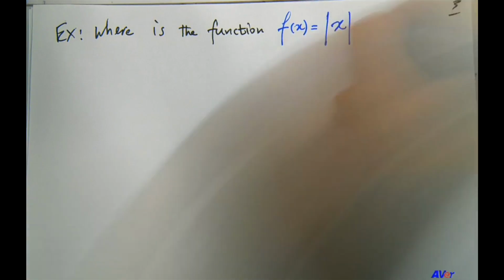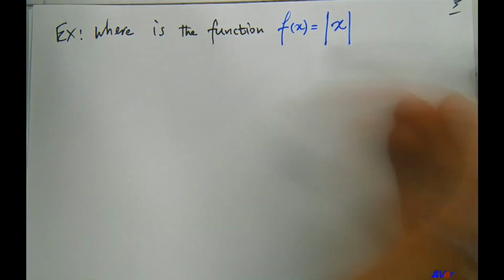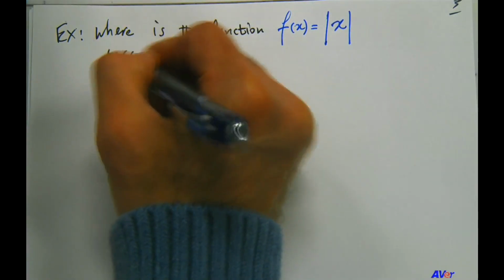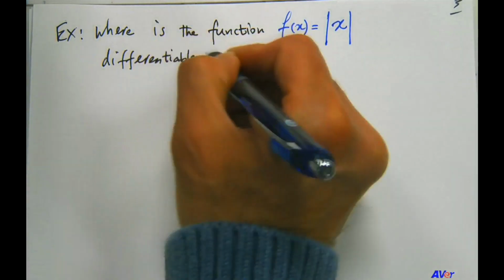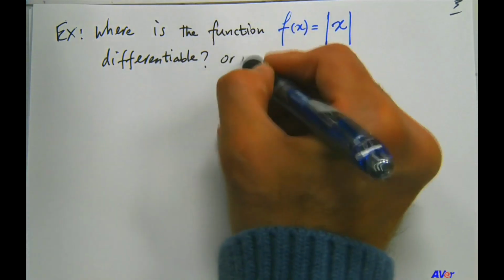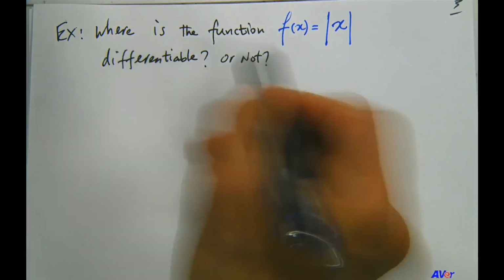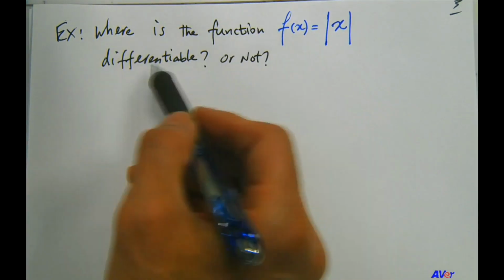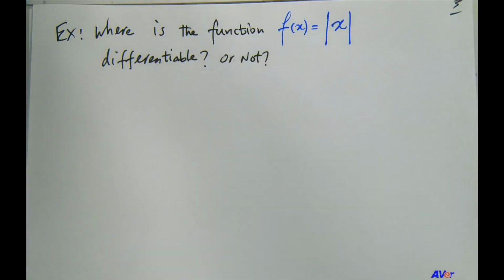So f of x equals absolute value of x. Where is this function differentiable, right? We can stop there, or we can say or not. Okay, let's ask both. A question can ask just where is the function differentiable, or where is the function differentiable or not differentiable.